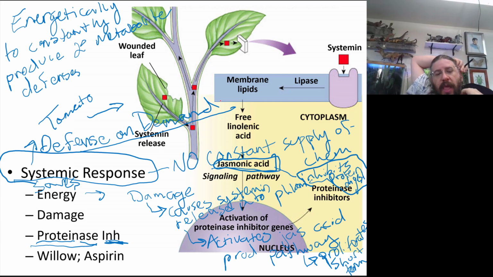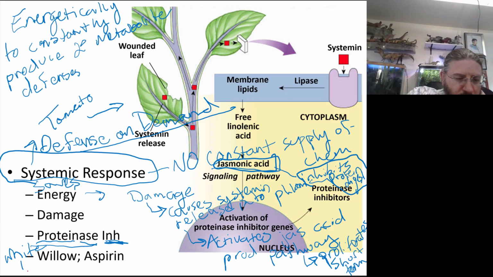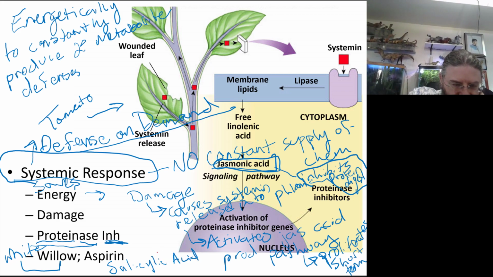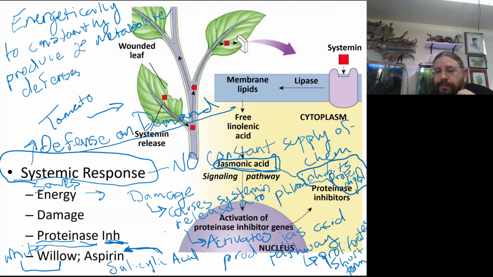So that's kind of cool. Jasmonic acid is the one in tomatoes. In willow trees, in the white willow, salicylic acid, which is aspirin, is part of their systemic pathway.